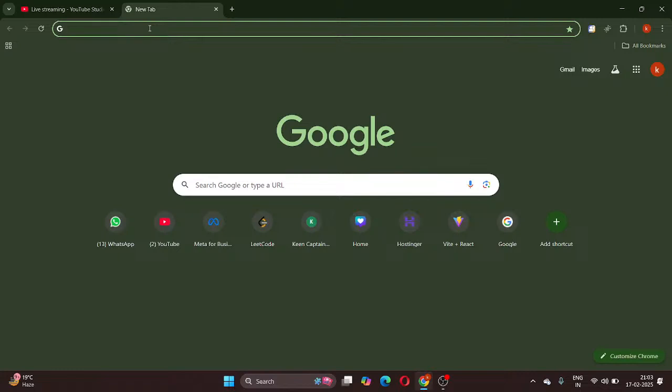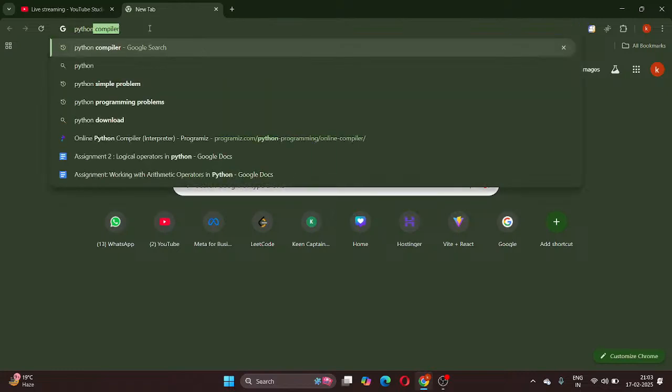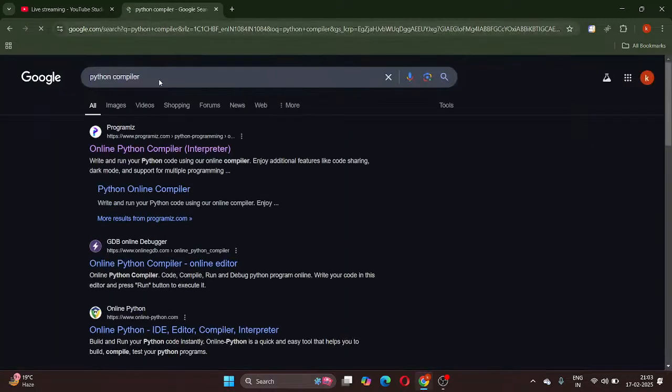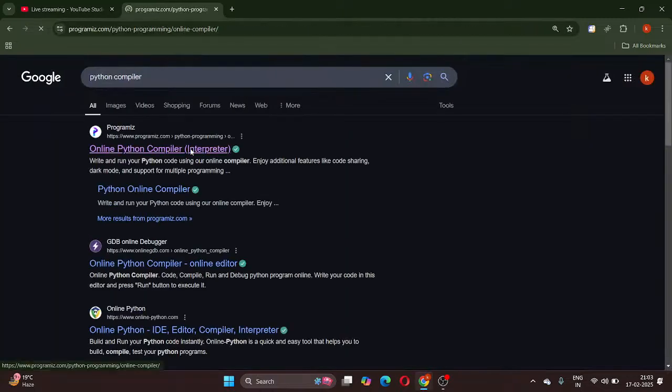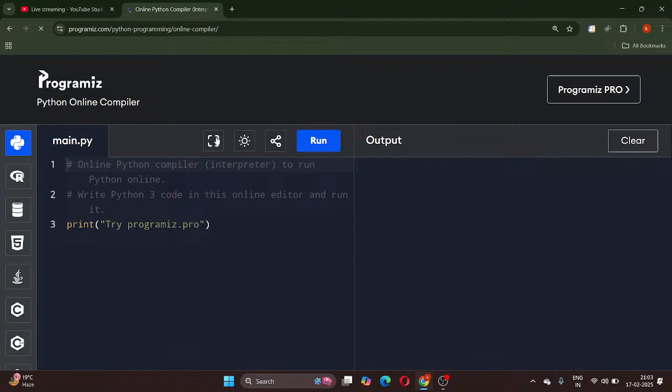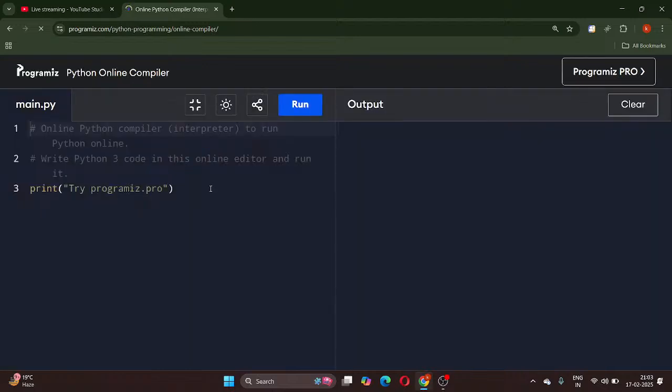First, I'm going to open the Python compiler. Here we are going to start with the operators. Yesterday we covered conditional operators.